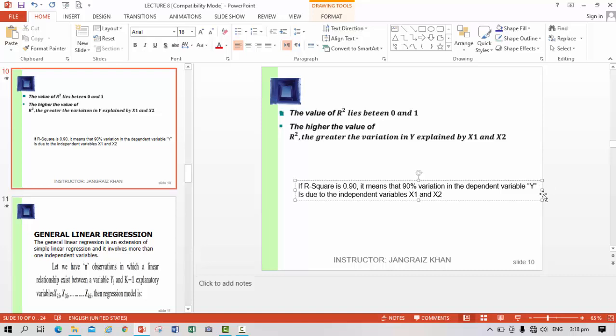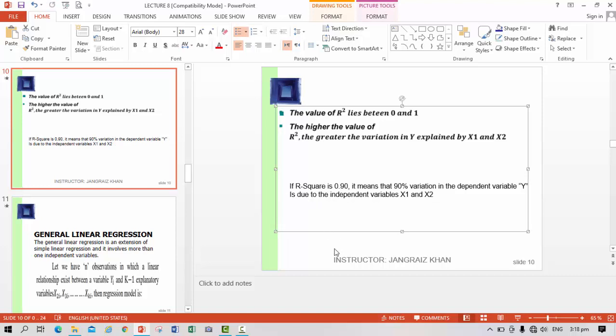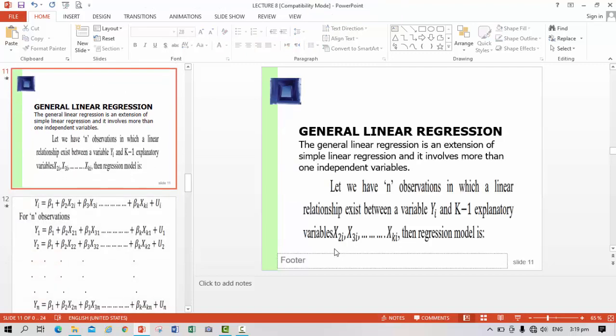So, dear students, R square shows the percentage variation in the dependent variable y, which is caused by the independent variables x1 and x2. If R square is equal to 0.9, it means 90% variation in the dependent variable is due to the independent variables x1 and x2.